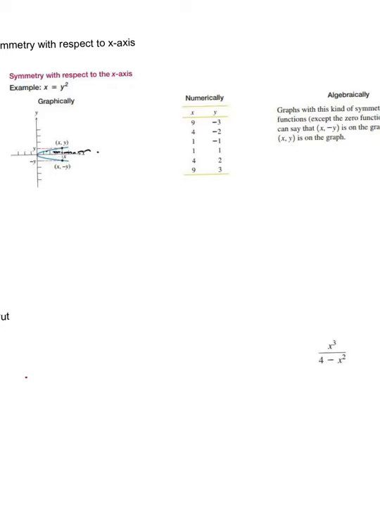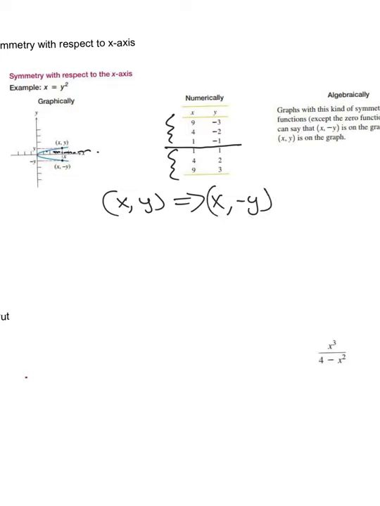And here you could see your symmetry now is about the x, not the y. This is also not a function, so you're not really going to find a function that is symmetrical along the x-axis, otherwise it wouldn't be a function. Alright, and so here is your algebraic way: you just look at your points and see that your x, y is also x, negative y.